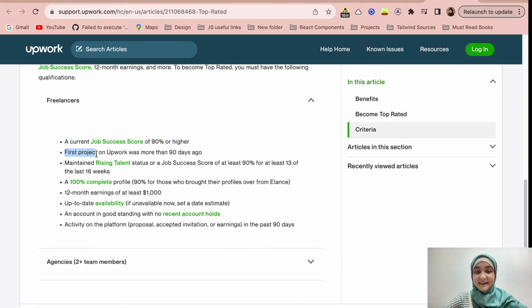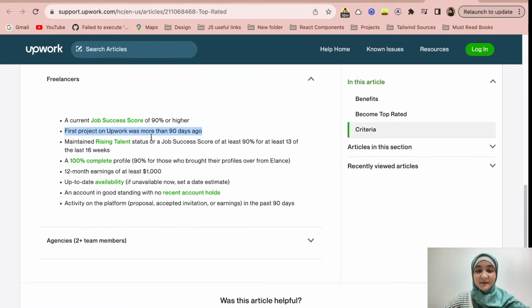And the next part is you should have your first project more than 90 days ago, which means within 3 months of joining Upwork you will get Rising Talent, and you should have started working on Upwork before this 3 months period.